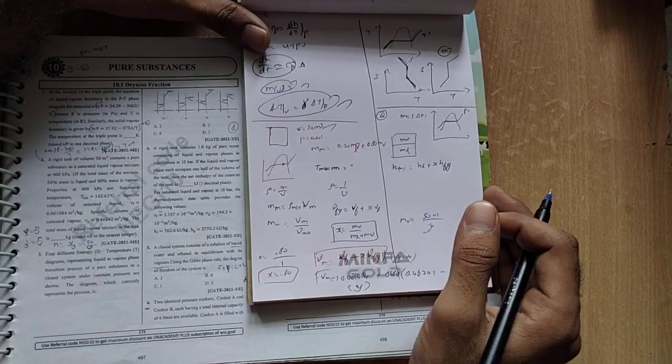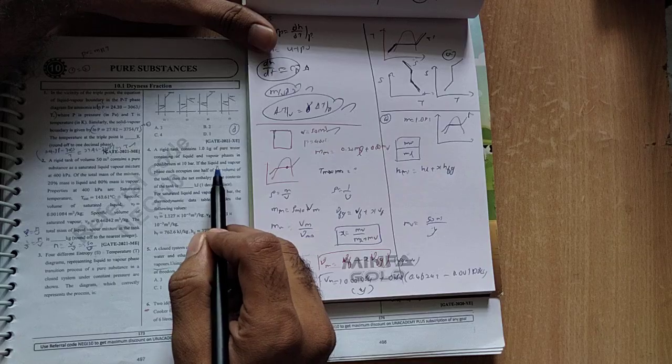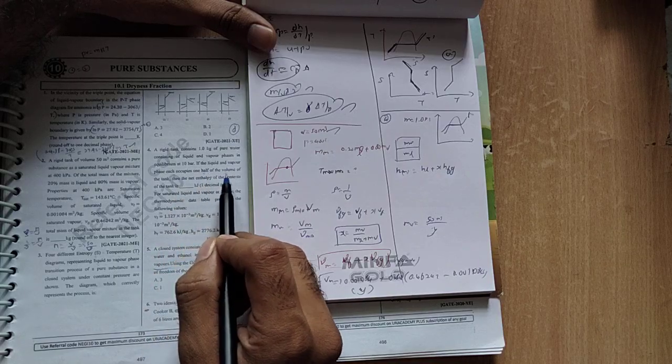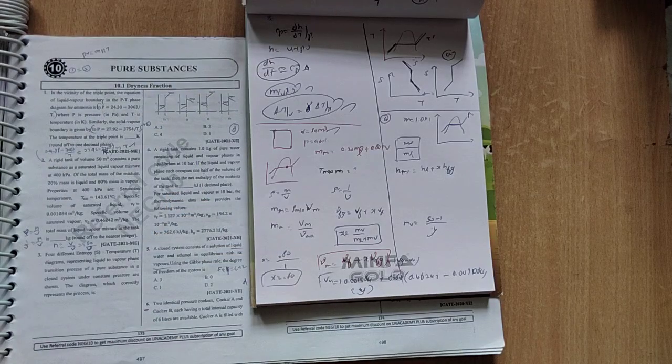Liquid and vapor each consist of half of the volume. Generally, 1 kg means how much?